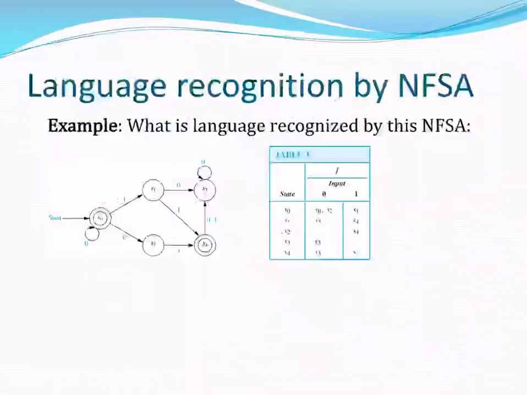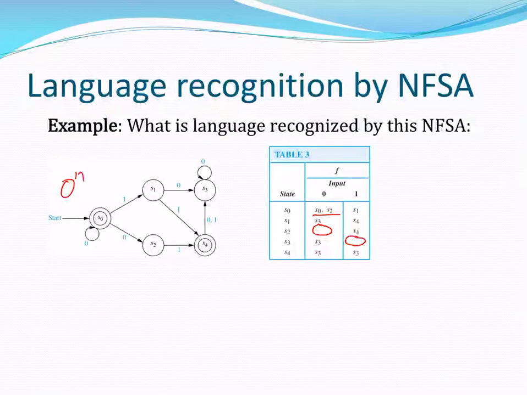Let's look at how an NFSA can recognize language. Here we have an NFSA where state 0 can map to 2 different states, and I have 2 mappings to no states at all. Well, what does this machine recognize? Well, we can see from before that this machine is going to recognize 0 to the n for n non-negative.